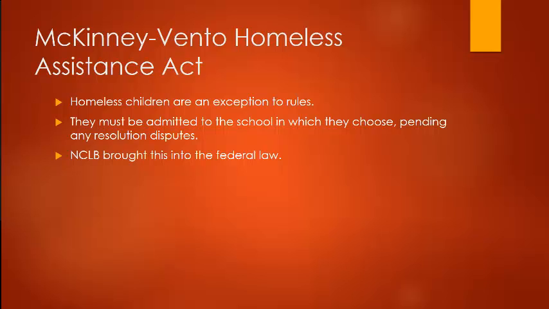So if a child is homeless and wants to attend an urban school across town, my understanding is the district cannot restrict them and say, well, you're living with your grandparents and they're closer to this other school. According to the interpretation here, that child has a right to choose the school. The district can investigate, but they cannot deny admittance to the school of his or her choice until those investigations are concluded.